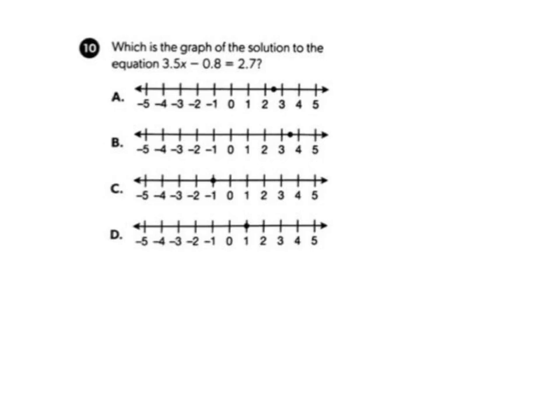The next problem gives you the equation starting out. It says 3.5x take away 0.8 is supposed to be 2.7. Now where these dots are, this time is going to represent the answer that goes in the equation.